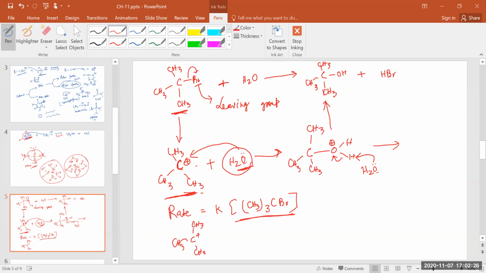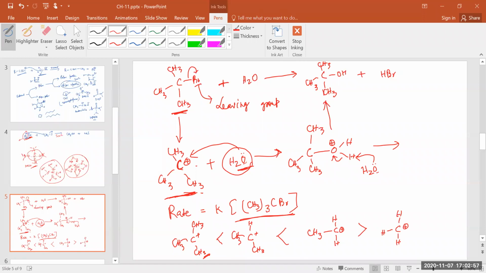A tertiary carbocation is more stable than a secondary carbocation, so the reaction here will be faster than with secondary. A secondary carbocation is more stable than a primary carbocation, and a primary carbocation is more stable than a methyl carbocation.